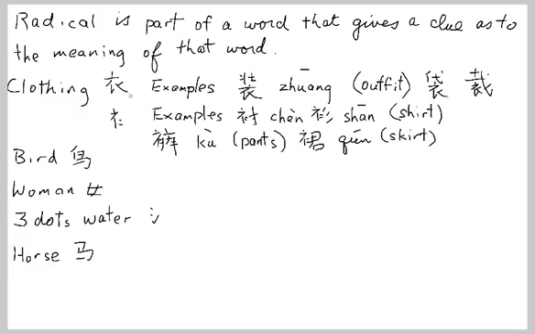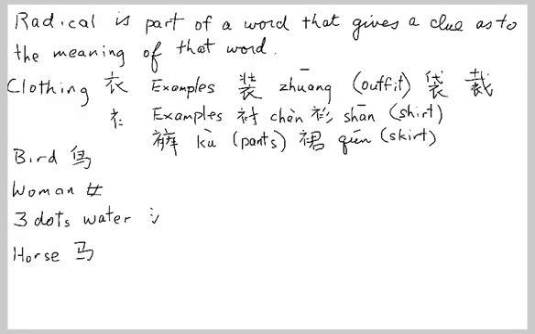So the first example is, as I mentioned before, zhuang, which means outfit, and you see it in our game in xi zhuang, which means Western outfit, which is a suit. Another word that has this radical is dai, which means pocket or sack.